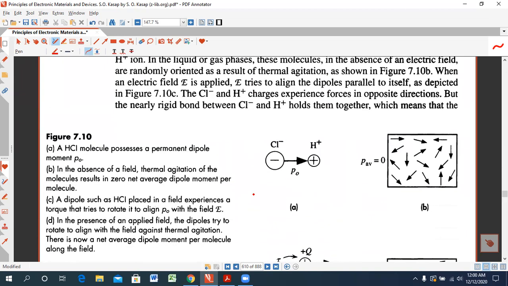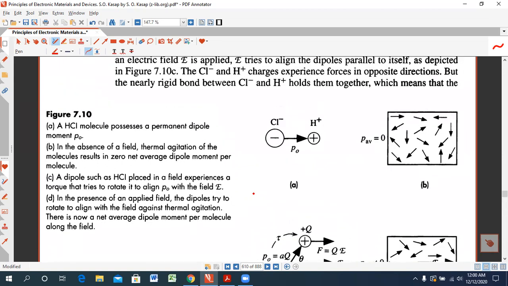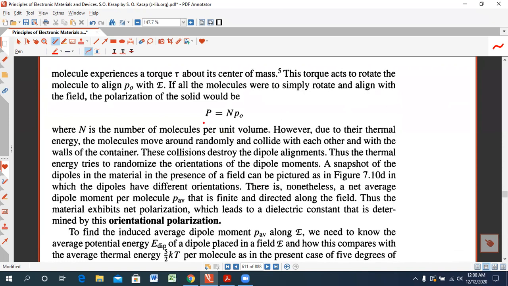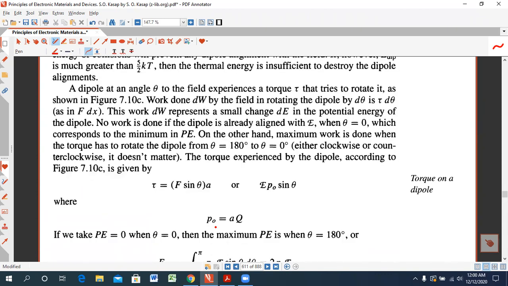Now the orientation or dipolar polarization. In this case it is actually the covalent bond, and there P equals N P naught, and there will be another dielectric constant. That one is the orientational polarization.